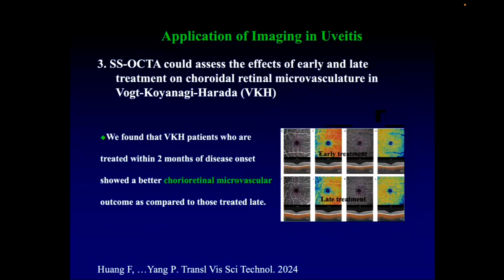SS-OCTA could assess the effects of early and late treatment on choroidal and retinal microvasculature in VKH. We found that VKH patients who are treated within 2 months of disease onset showed a better choroidal and retinal microvascular outcome as compared to those treated late.